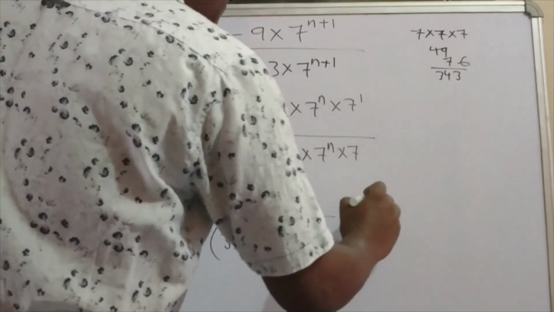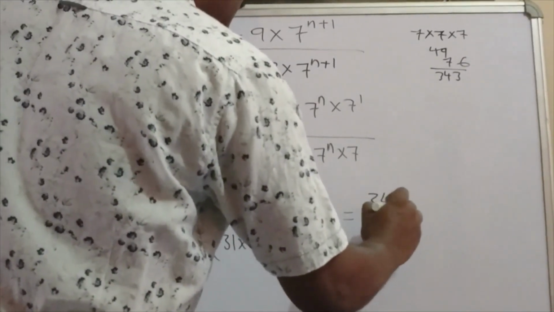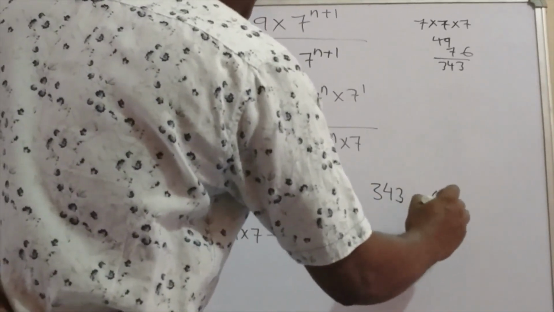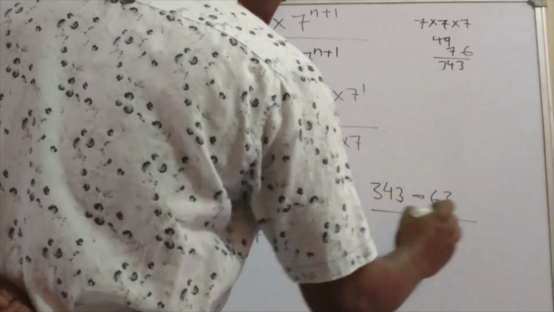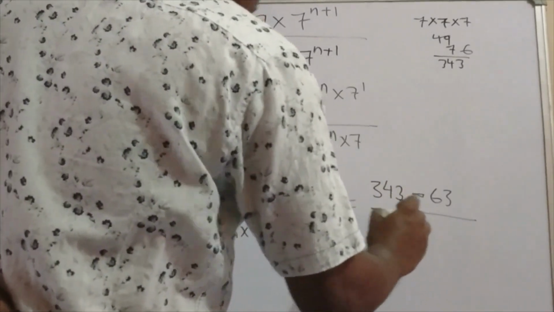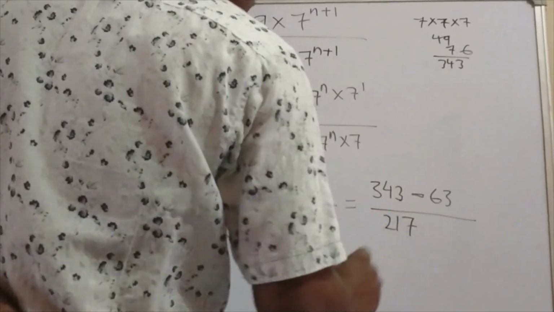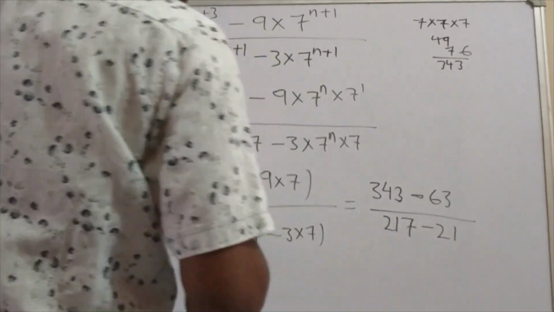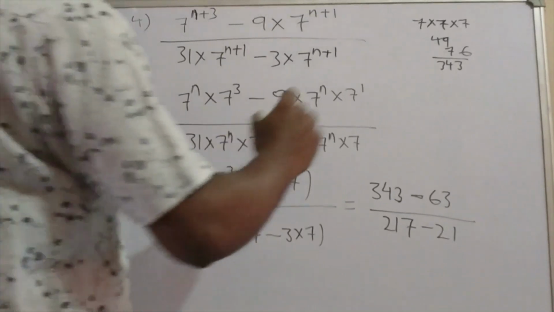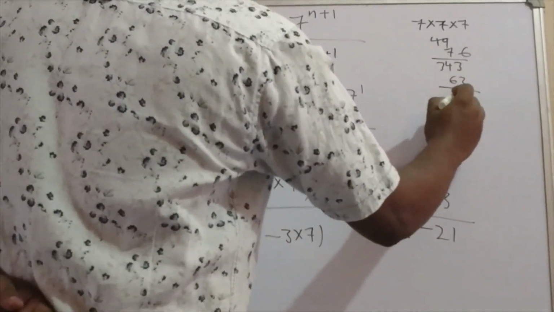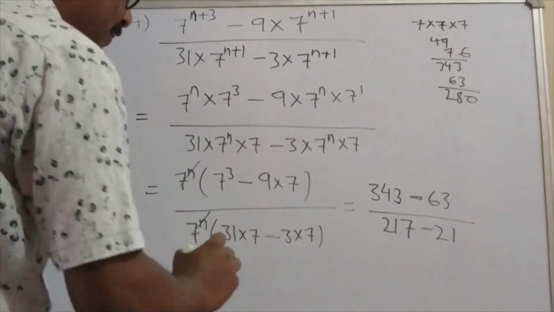So 343 minus 9 into 7, 63, and 31 into 7, 217 minus 21. So 343 minus 63, 280.